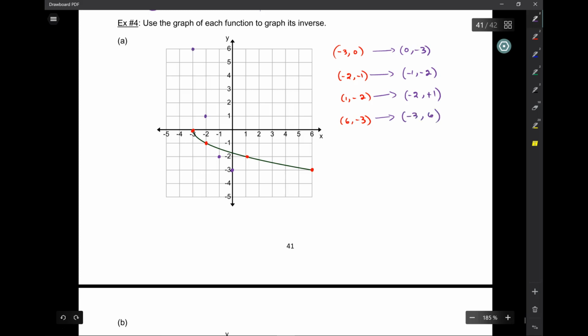Okay, so you know what it's going to look like, right? And that's the inverse. Does that make sense? If I look at the line y equals x, look, they're mirrored around that line, right? So if I fold this paper along that dotted line, the original and the inverse will line up perfectly.